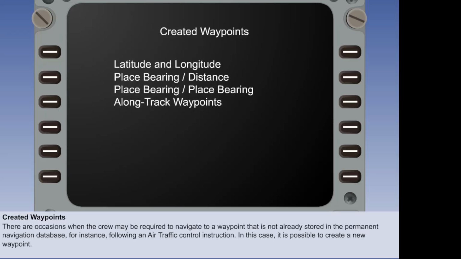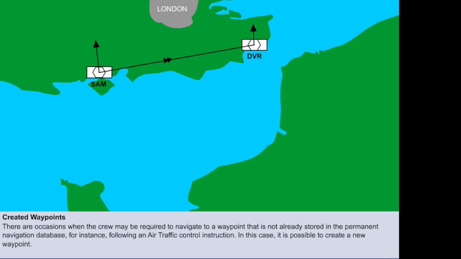Finally, there are along track waypoints. If the route, for example, is a direct track between Southampton and Dover, then Sierra Alpha Mike 030 means 30 nautical miles along the route after Southampton, and Delta Victor Romeo -030 means 30 nautical miles before Dover.